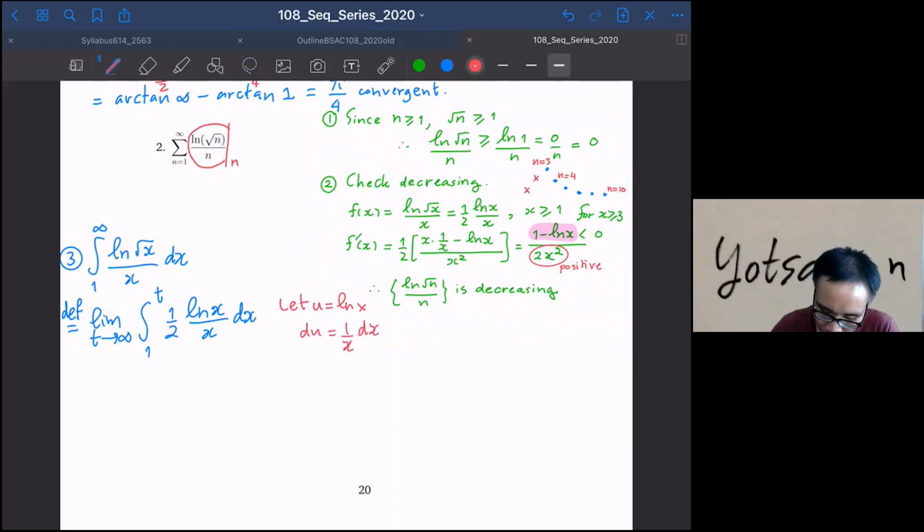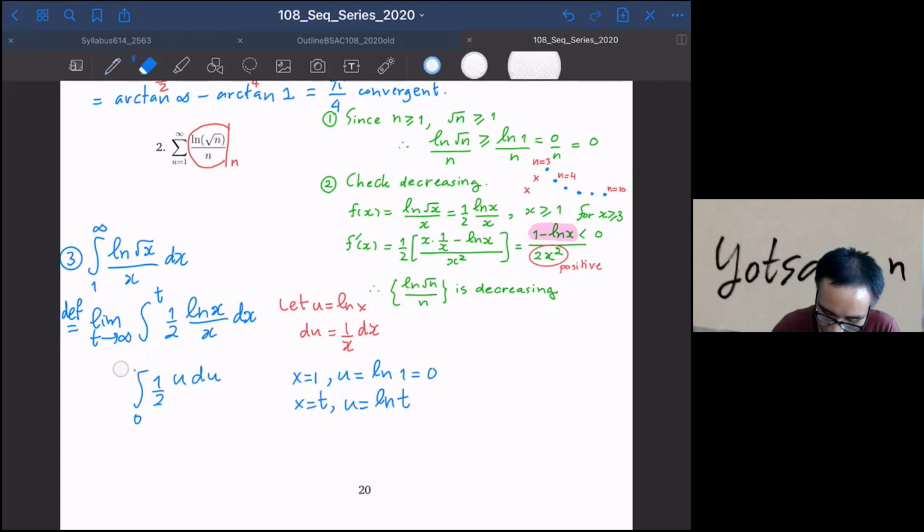And this will become 1/2 integral of u du. So when x equals 1, u equals log 1 equals 0, and when x equals t, u equals log t. So it's going to be from 0 to log t.